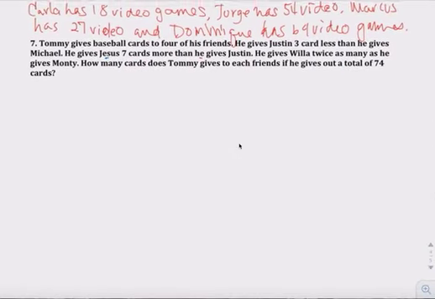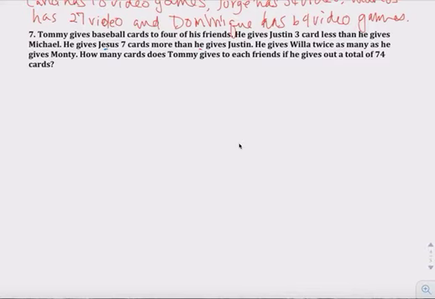Okay, last one, number 7. I hope you find this easy. Tony gives baseball cards to 4 of his friends. He gives Justin 3 less than he gives Michael. So Justin is 3 less than, he flips. So Michael comes first. Justin is Michael minus 3. He gives Jesse 7 cards more than he gives Justin.